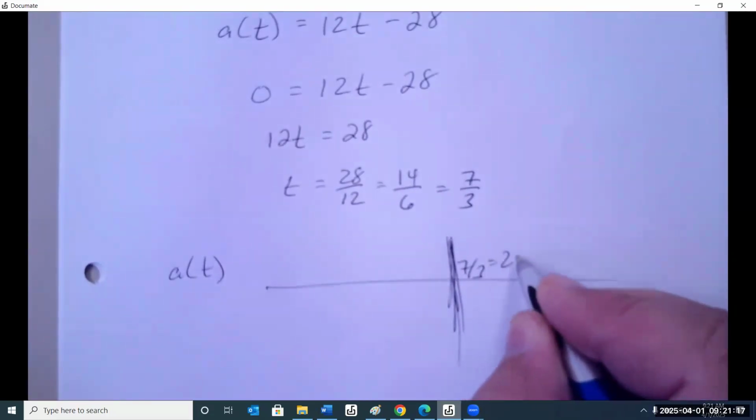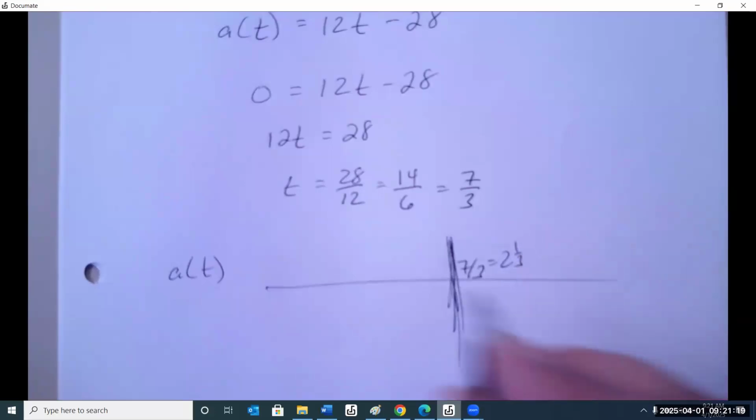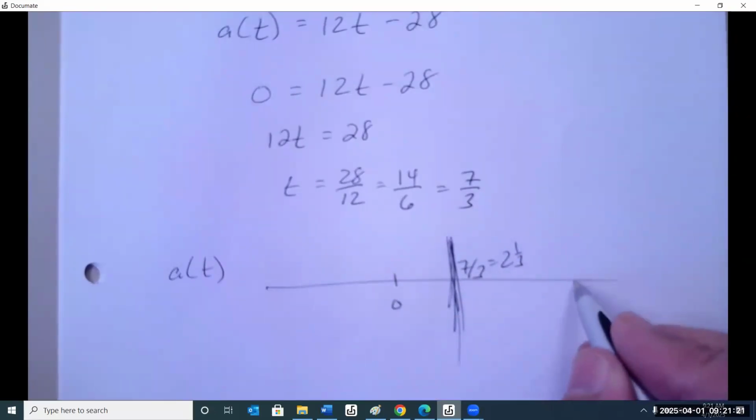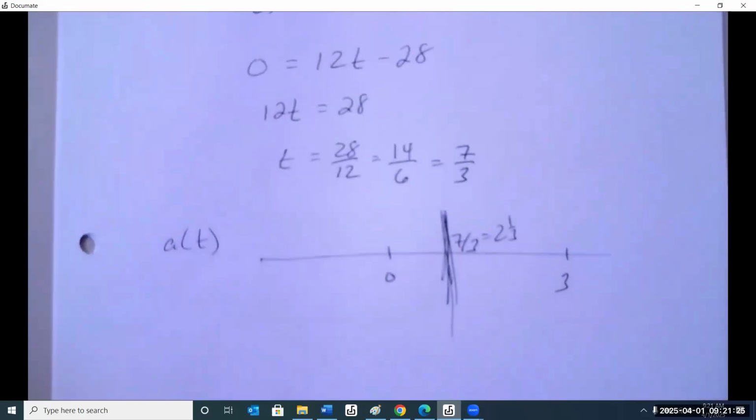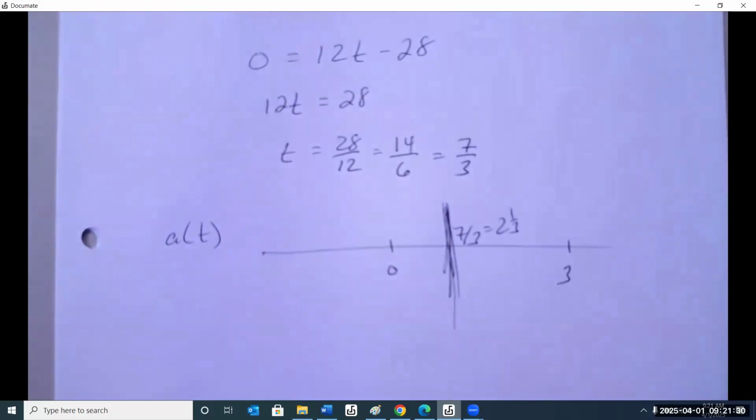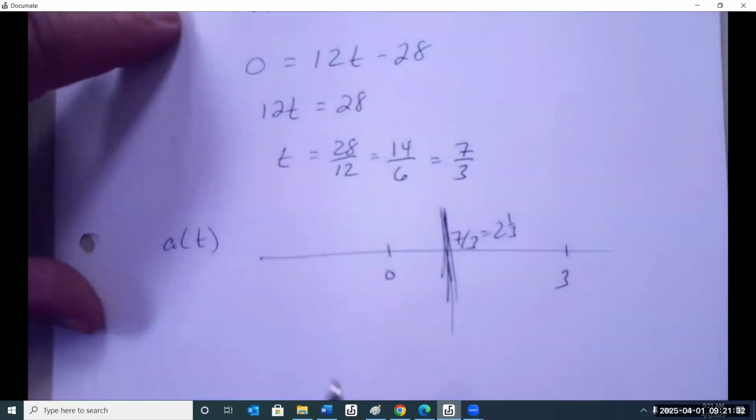Seven over 3 is 2 1/3. So I can use 0 here, and I can use 3 here. So I have to pick my test points. Plug those into my acceleration.